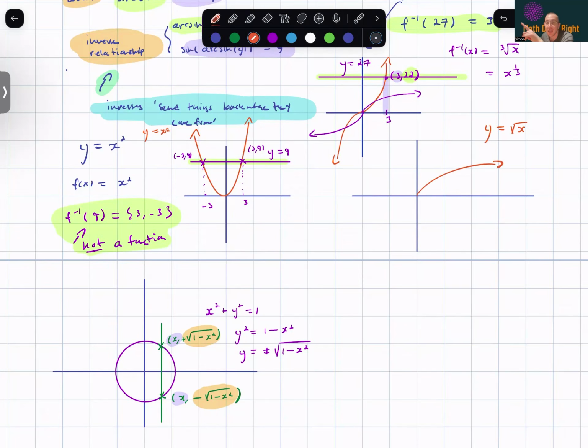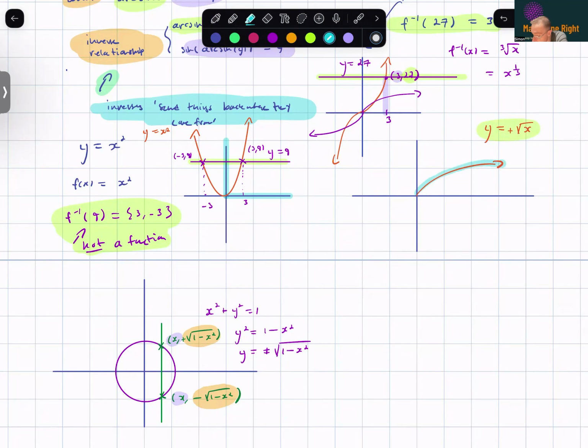What's going on is that this is the inverse that we get if we restrict the domain of the squaring function to make it what we call one-to-one. If we restrict the domain to only the positive numbers and 0, so the right side of the real line here, this is why they don't write the hidden plus there, but this is the positive square root of x.